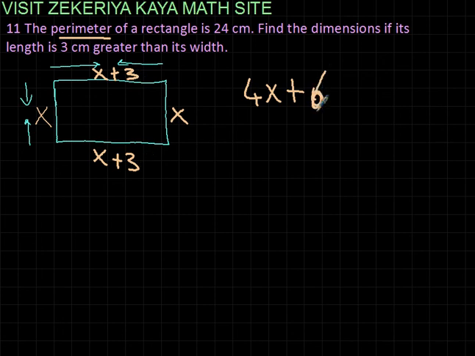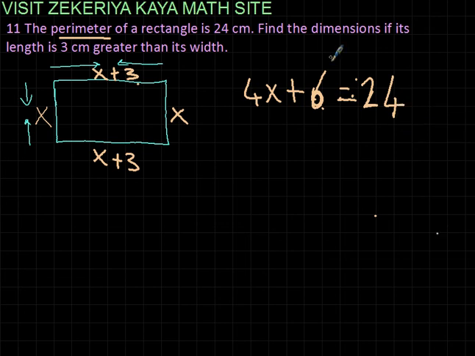It should be equal to, look at that, I am adding all of them. I didn't write that step, plus 3 and plus 3 will be plus 6. And it will be equal to 24.